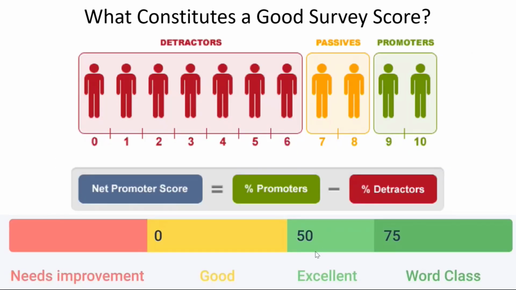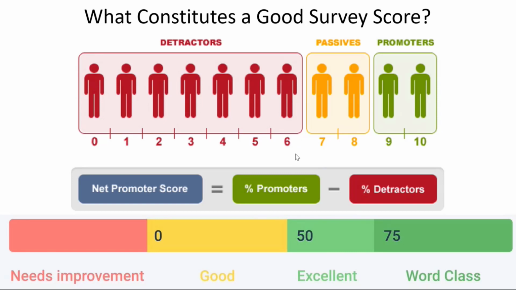So the question is, what constitutes a good survey score? First off, we have to talk about how that survey score is actually arrived at. The net promoter score equals the percent of promoters minus the percent of detractors. They don't even talk about the passives. They're just saying you either have more good ones or more bad ones. So let's take a look at 2 examples.